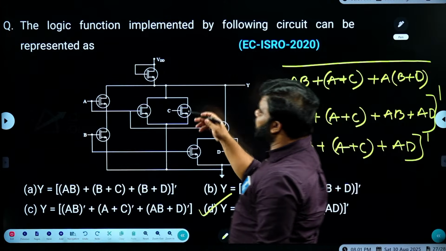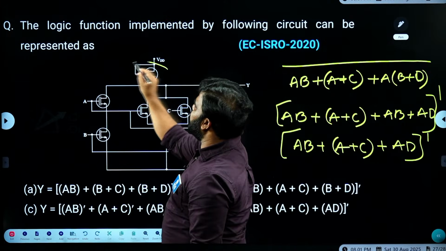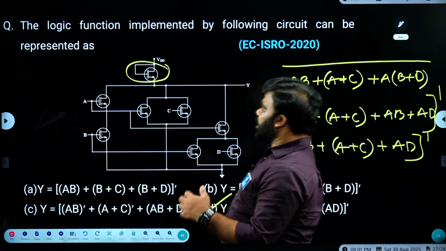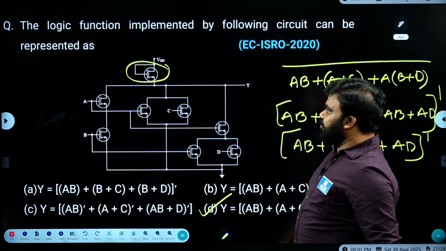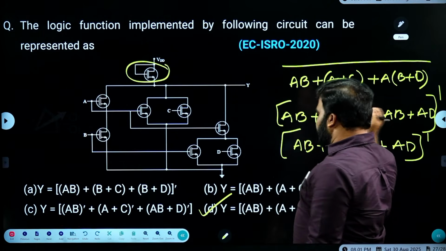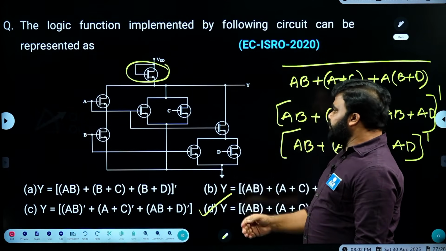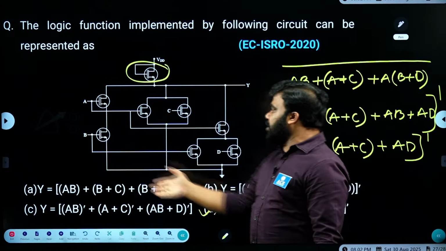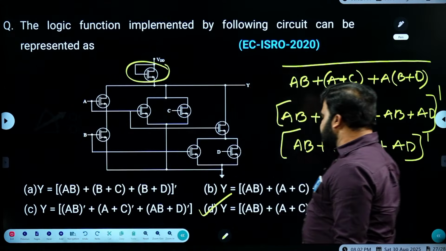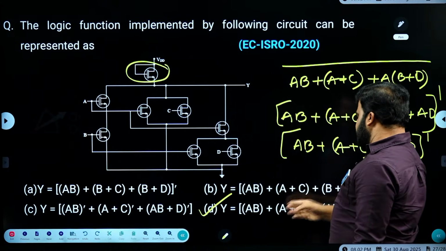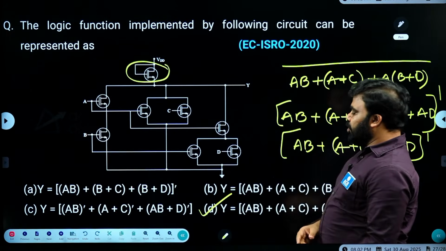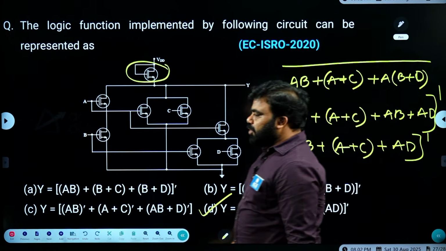And here in the pull-up network, there is a diode connected transistor which is always on. So finally, NMOS logic is used, and the logic function in the pull down network is AB plus A plus C plus AD whole bar, answer is D.